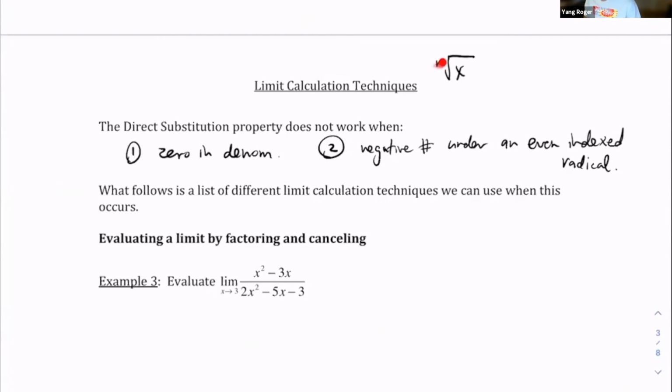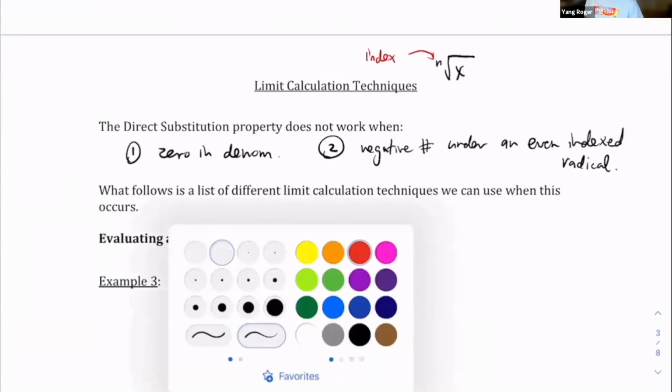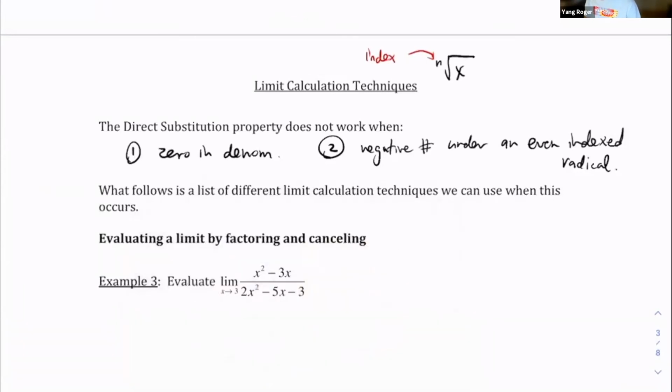This number right here is called the index. And this is called radical form. And a lot of times in calculus, we want to write it like this. This is called exponential form. So we've got radical form, and then this is what we call exponential form.